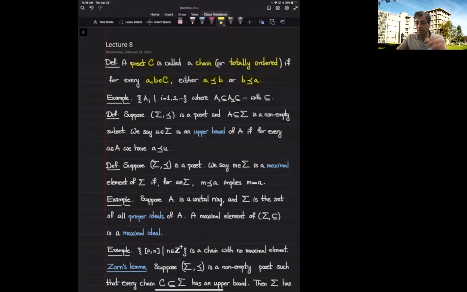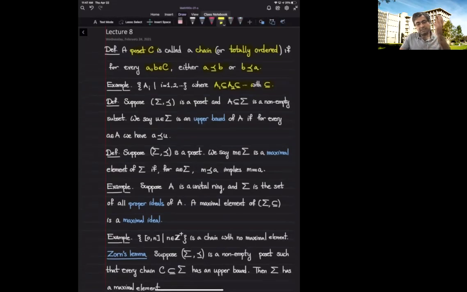Let's say I give you a bunch of subsets of another set X, so that A1 is included inside A2 and so on. So I'm giving you a chain of sets. Each one is contained in the next one. Then they form a chain in the sense of posets, a totally ordered set with respect to inclusion, because every two of them that I give you, I can compare.